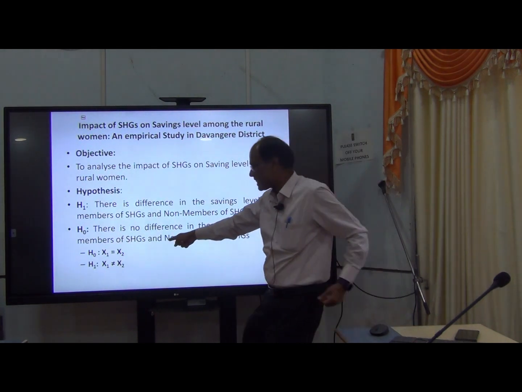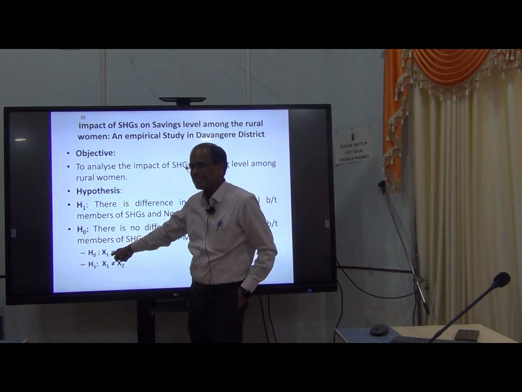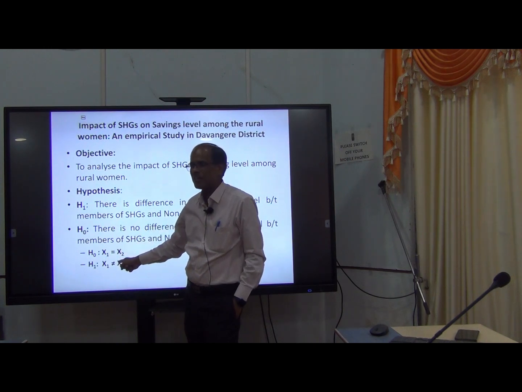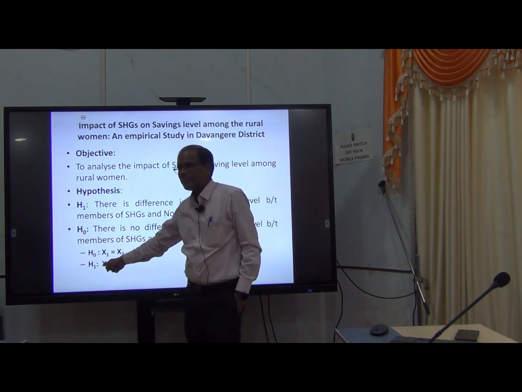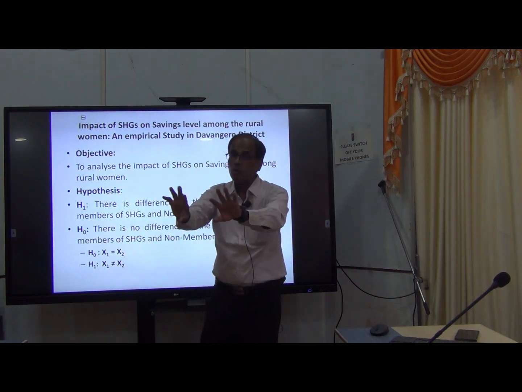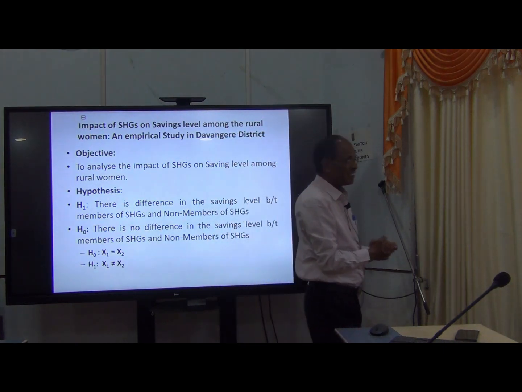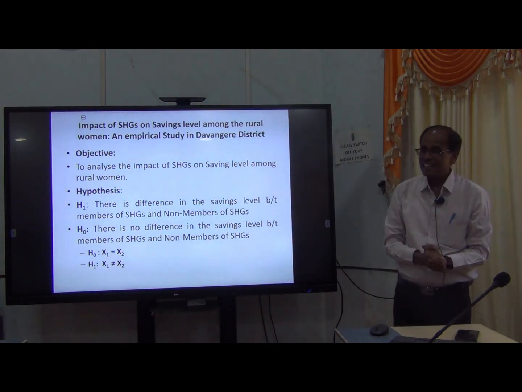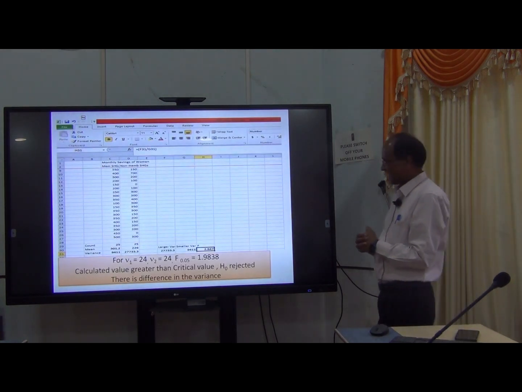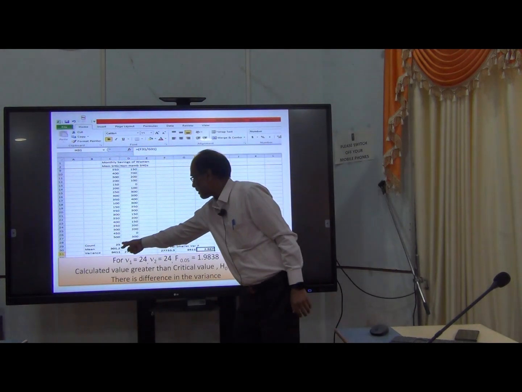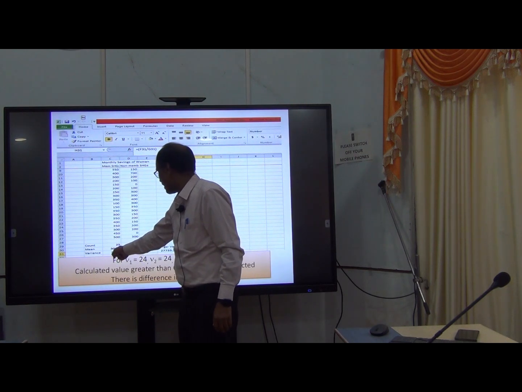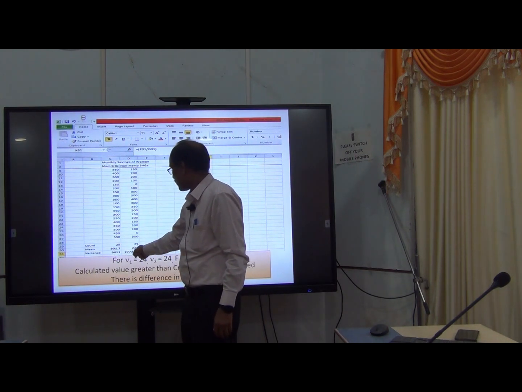You can see here, the null hypothesis is that the savings level among the members is equal to the savings level among the non-members. The alternative is that the savings level among the members is not equal to that of the non-members. It may go in either direction, so it is a two-tailed test. This was the savings level: arithmetic mean, counts. Members of SHG saved 301, non-members 226.